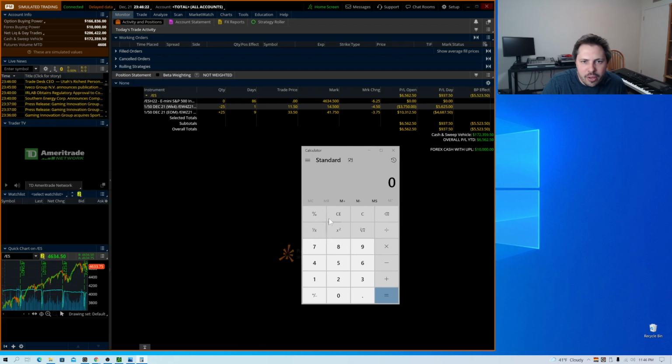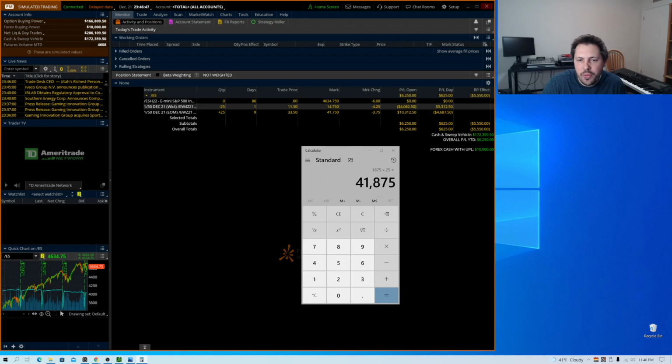So if we look at the trade price now, if we look at the actual math and see what's happening here, right? I purchased an option for $33.50, right? And remember, this is the S&P 500 futures, so that's a 50-point multiplier. So $33.50 times the 50-point multiplier gives us $1,675 per contract times 25, right?